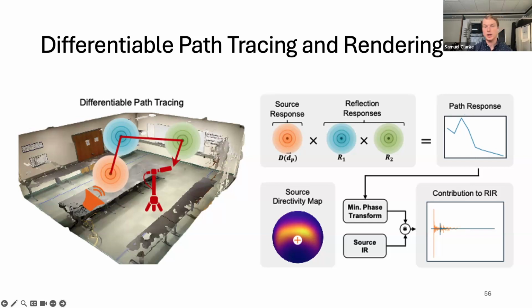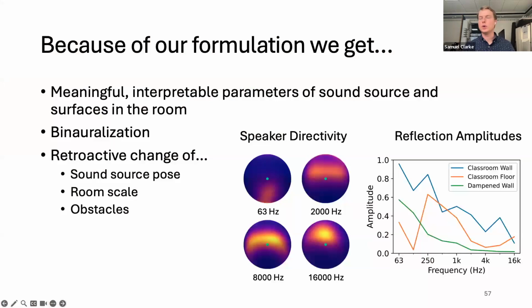A question earlier asked about airflow. So we wanted to convey this message that these kinds of physics-based models in a differentiable framework could be used to get interpretable parameters of the room, such that, as I listed before, we could retroactively change a few things and have this virtualized version of the room, because of these acoustic parameters we'd measured that we could modify if we wanted to.